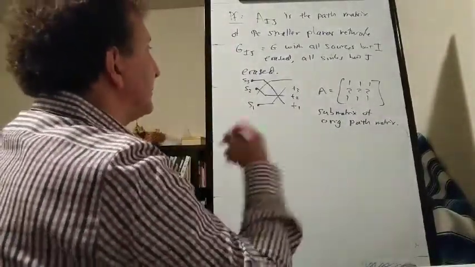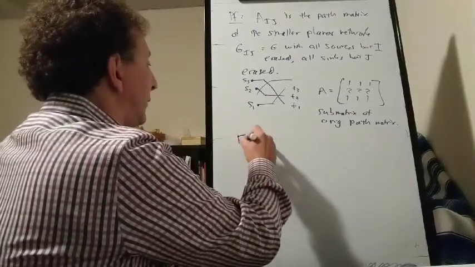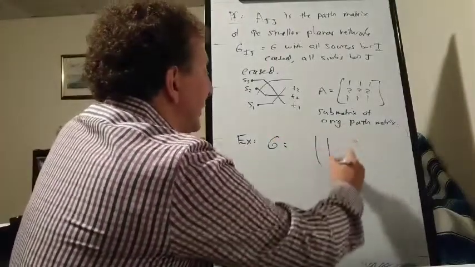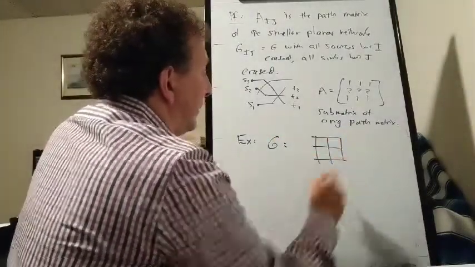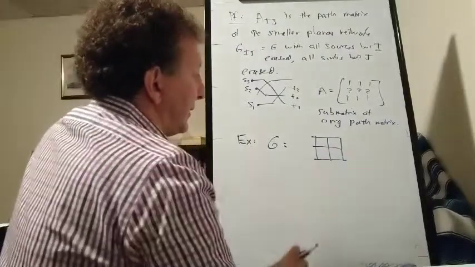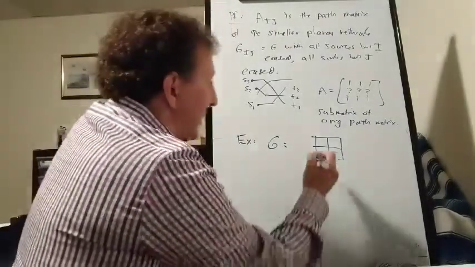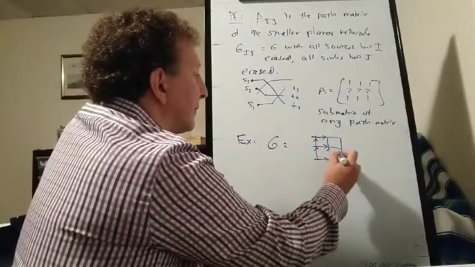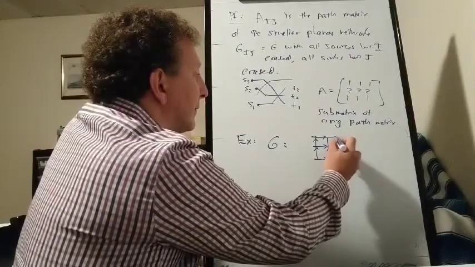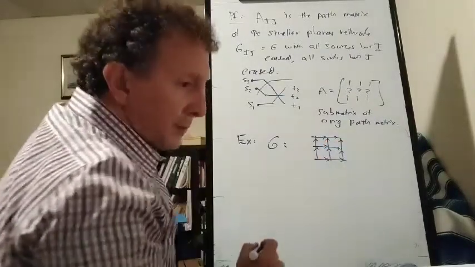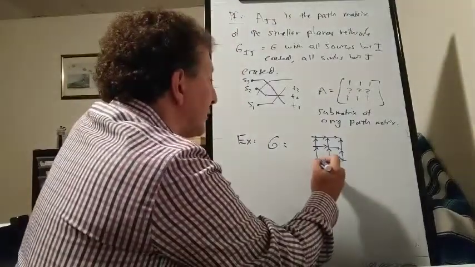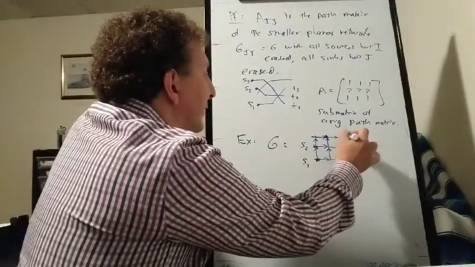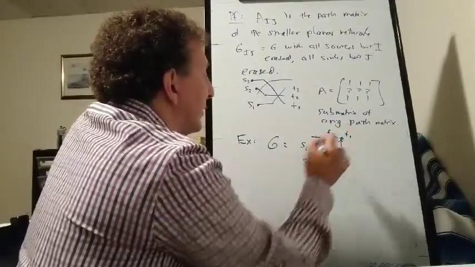All right, another example. Let's let G be this graph, and let's say all the edges go up and to the right. And let me put source 1 here and source 2 there, and then sink 1 here and sink 2 there.